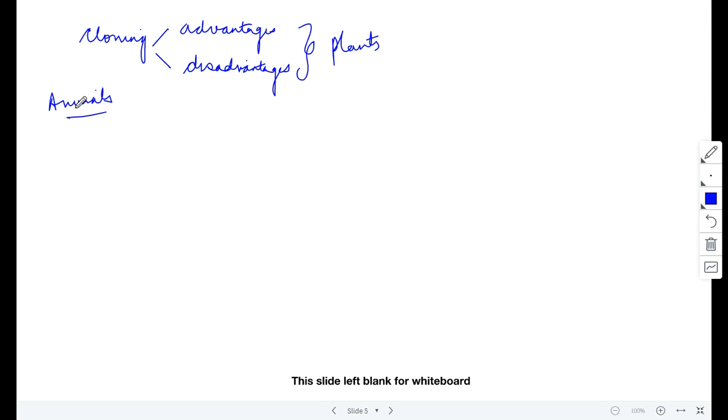See, now I'll give you an example. In animals, we have endangered species, right, Rohan? Endangered species are there. So now all the species which are going to get extinct, if we try making clones of that, do you think we can protect them from getting extinct or getting endangered?